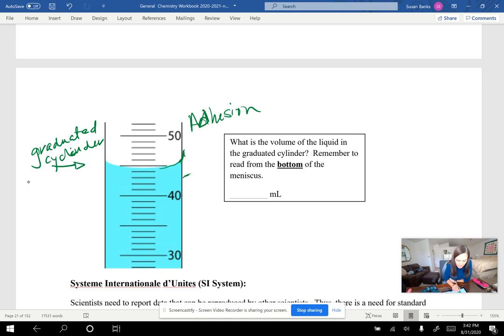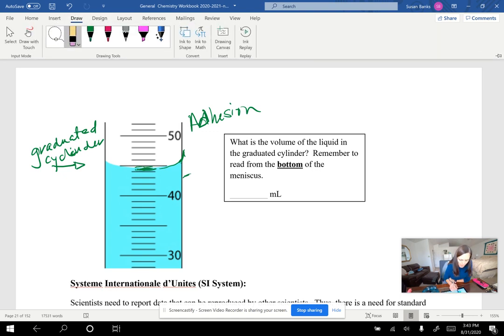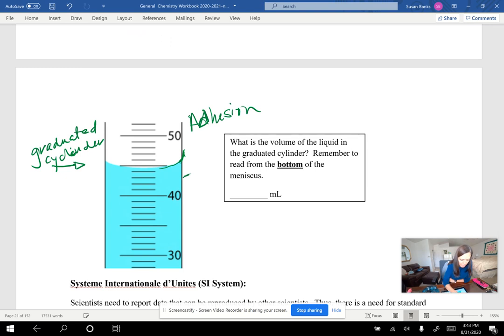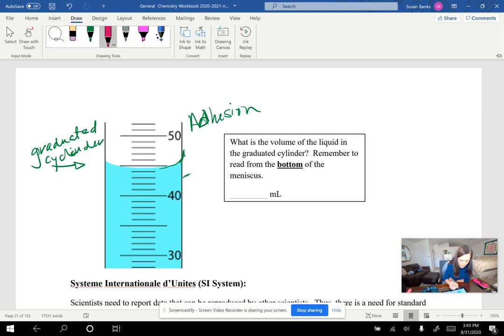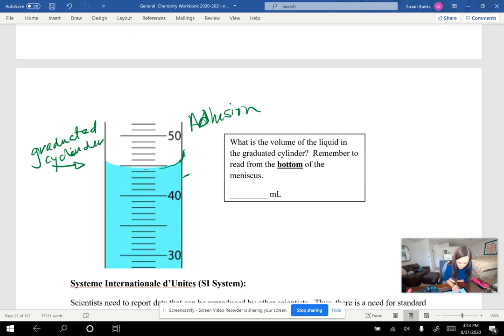So to keep everything uniform when we are measuring glass and water, we measure at the bottom right here. The bottom of this curve is called a meniscus. So we try to measure at the lowest point of where that water is, right there.